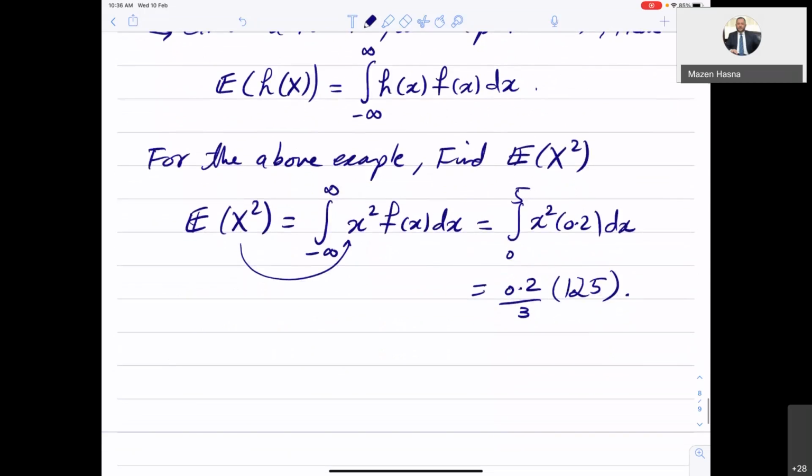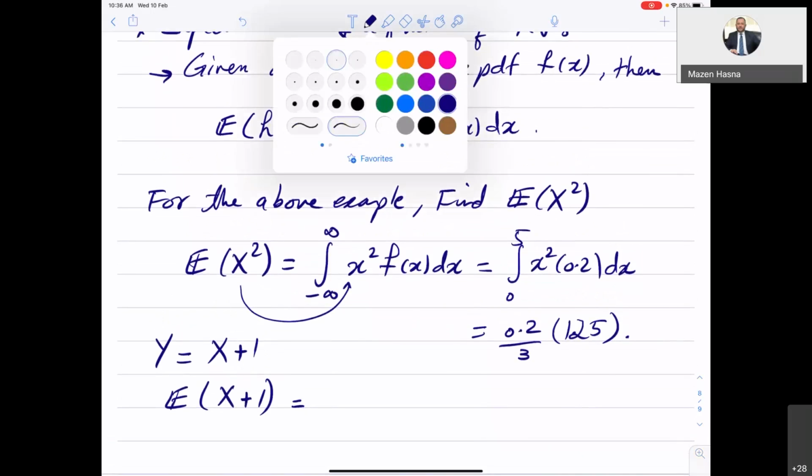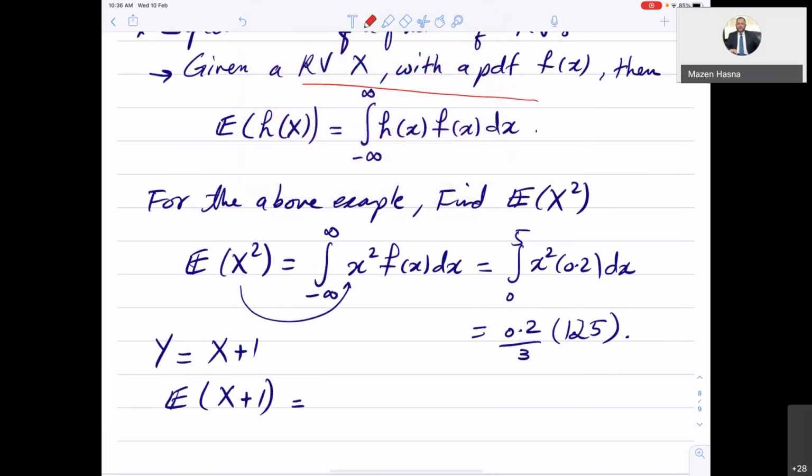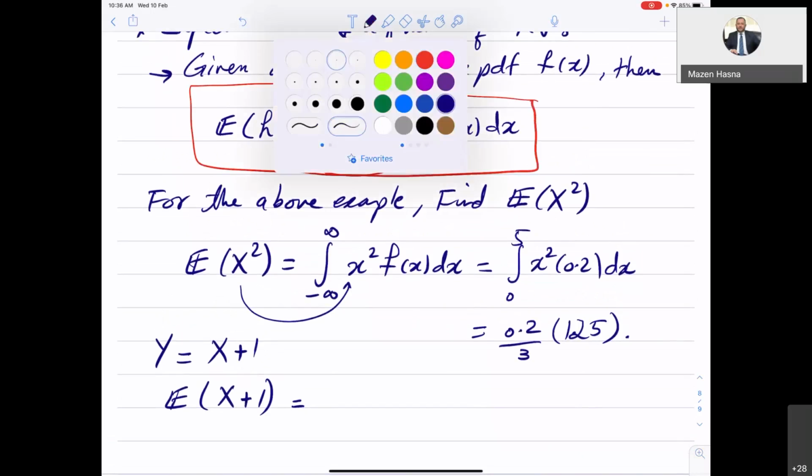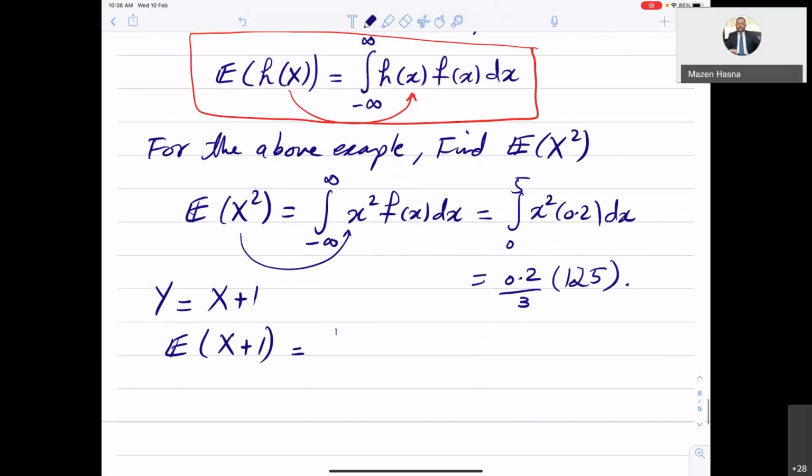If I ask you what's the expected value of x plus 1, I will define a new random variable, which is my x plus 1. What's the expected value of x plus 1? Simply, you just apply this rule. What does the rule say? Take the function inside and multiply it by f of x. So this is the integration from 0 to 5 again, of x plus 1 times f of x, which is 0.2, dx.